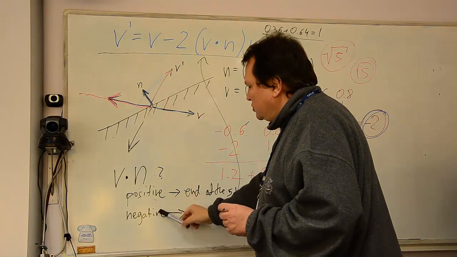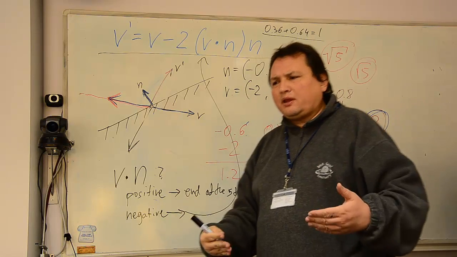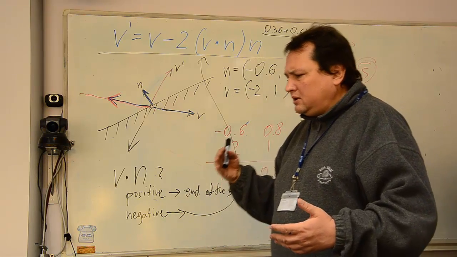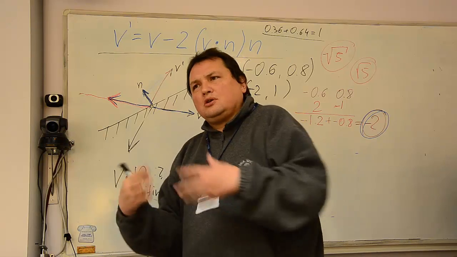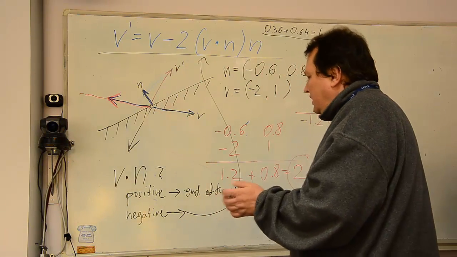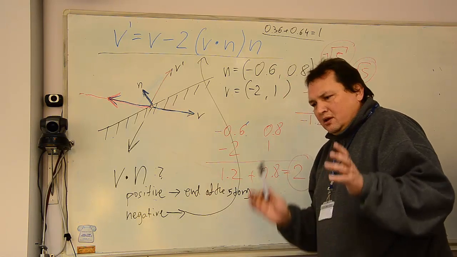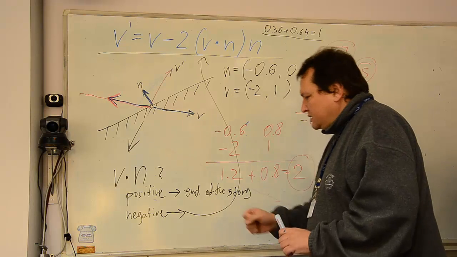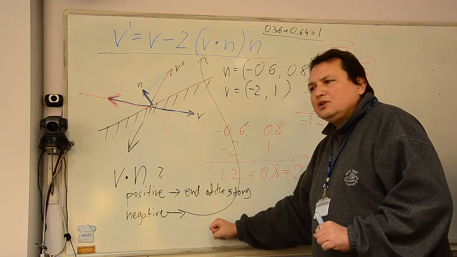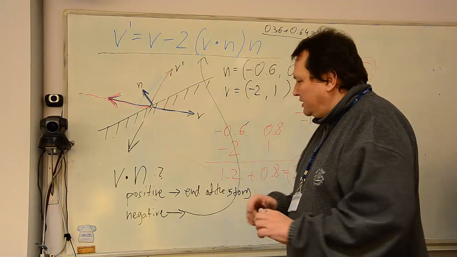What do these two cases mean in computer graphics? In computer graphics, particularly in dynamic simulation, so in what you are actually doing in games, if v dot n is negative, that's fine. This means that you have just detected a hit and you have to model bouncing, the object bouncing off a surface.